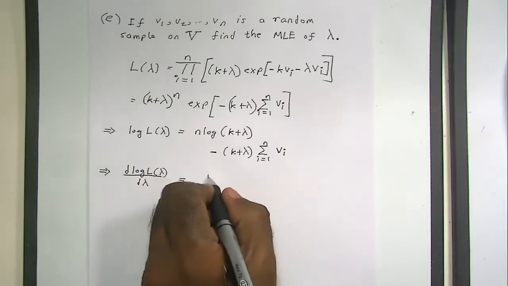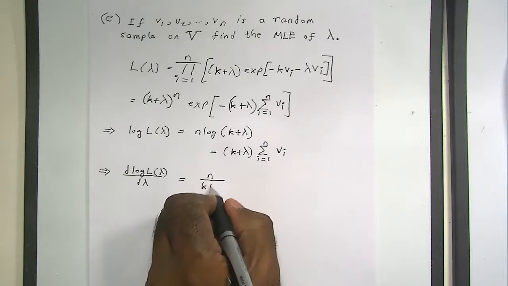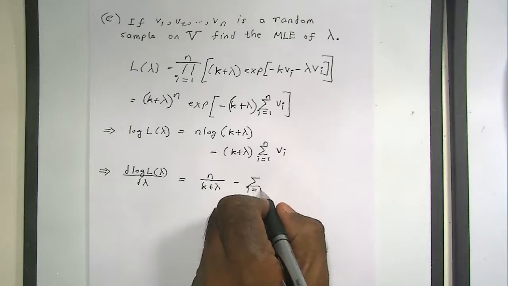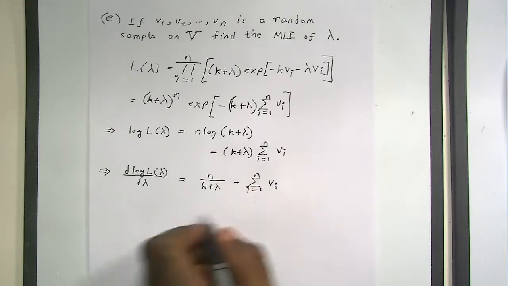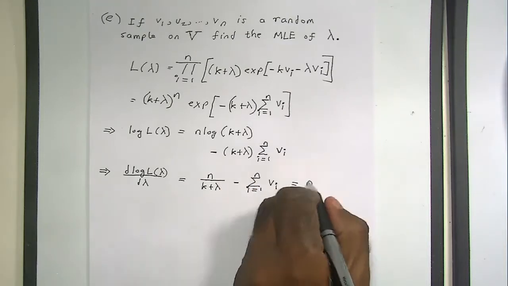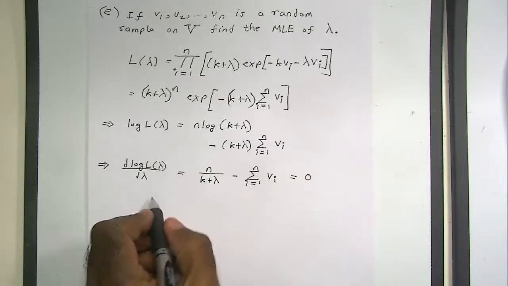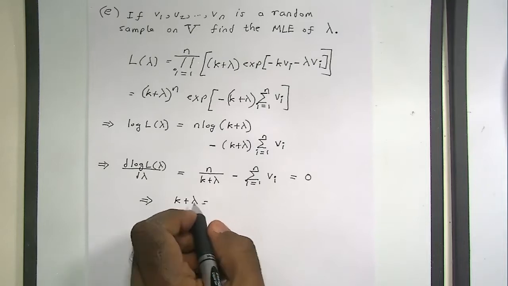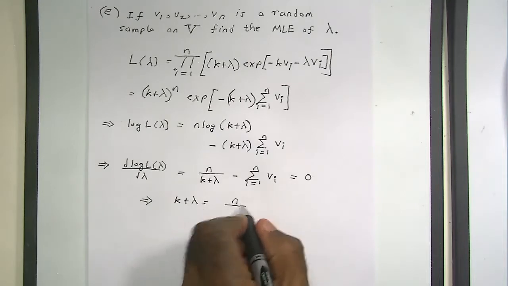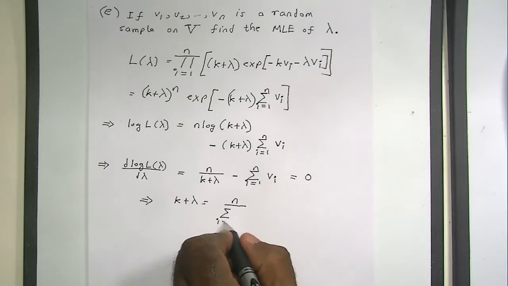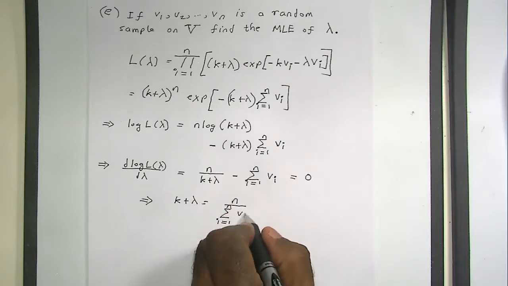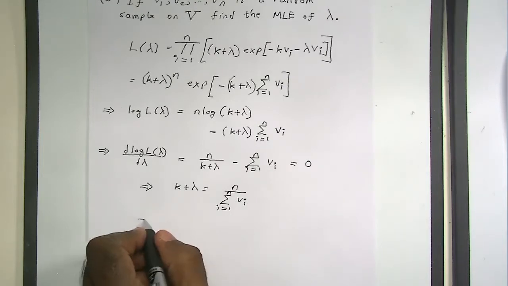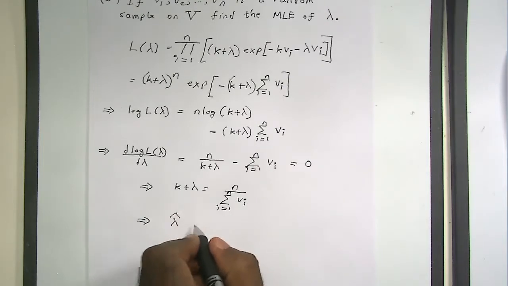And the next step is to differentiate the log likelihood with respect to the parameter. So you get n divided by k plus lambda minus the sum of V_i. And the next step is to set this to 0 and solve for lambda. If you do that, you get this, and from this you get lambda hat.